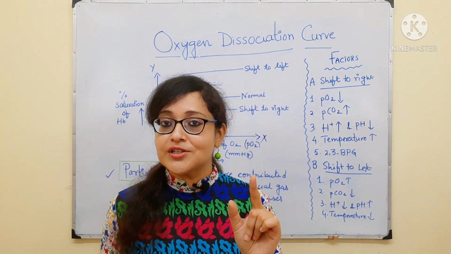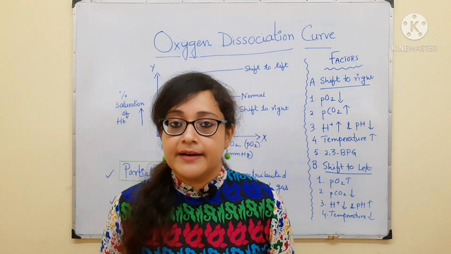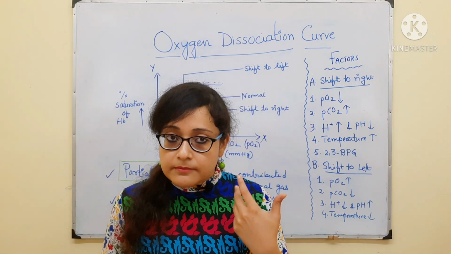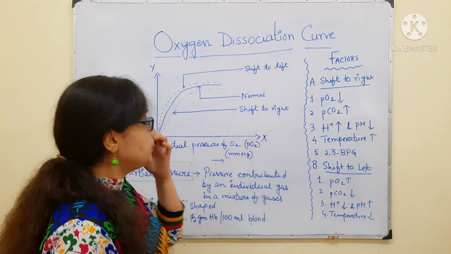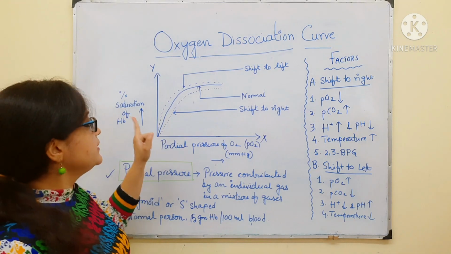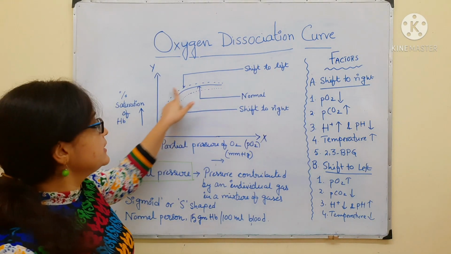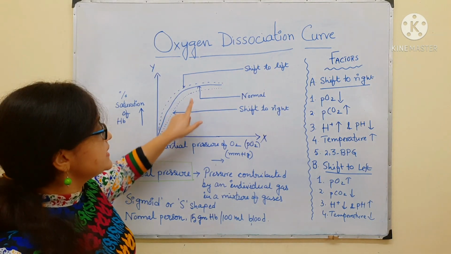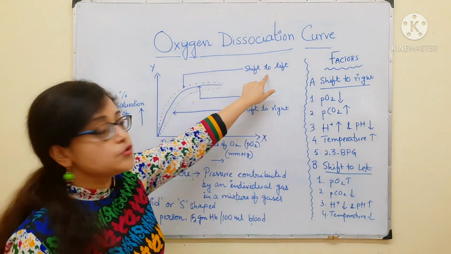So some factors are there which will facilitate the dissociation. You can see from the graph that the dark blue curve is the normal dissociation curve, and this one represents shift to right and this one represents shift to left.